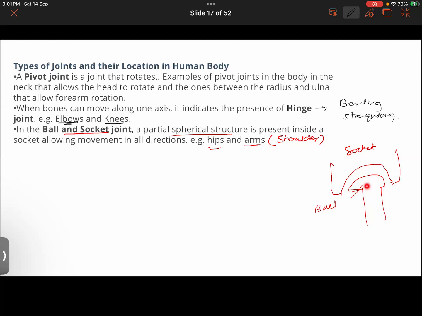Yes, Halima and Salman. What we have learned here is that there is a partial spherical structure which is fitted into another bone which acts as a socket, and movement will be possible in all the directions.